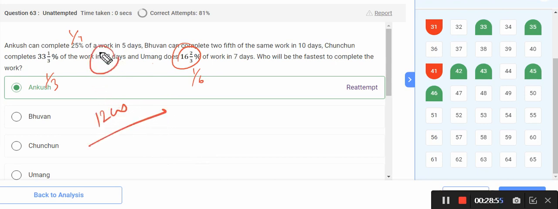As we have to divide this number by 13 and 7, we have to take a number which is divisible by 13 and 7 as well. So 12 into 13 into 7, this is the total work, right?